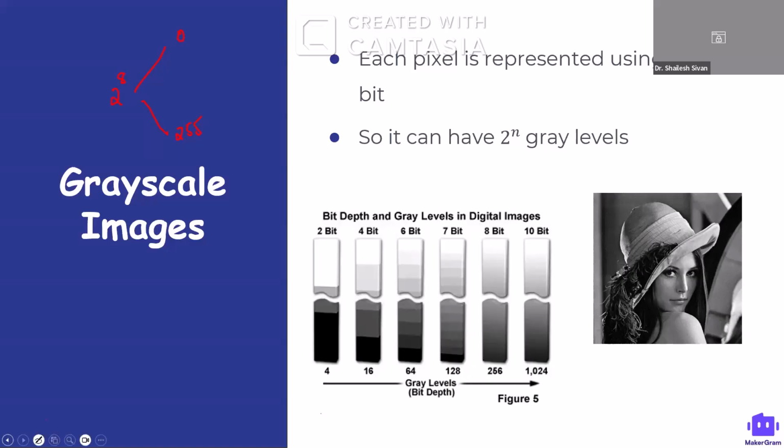Now, can anyone tell me what is the size of an image having a dimension of 120 cross 120 with 8-bit representation? 2 raised to 8 into 120 into 120.